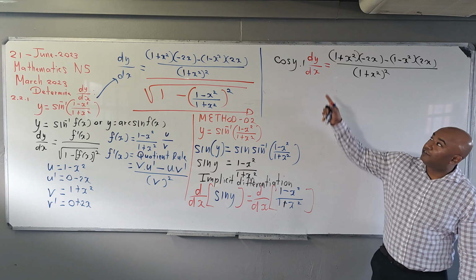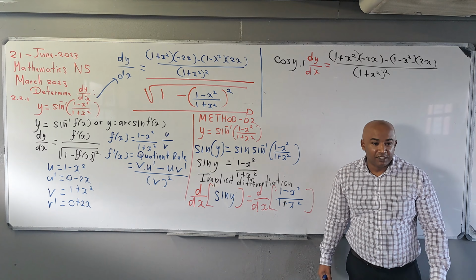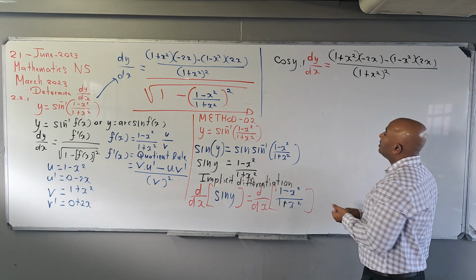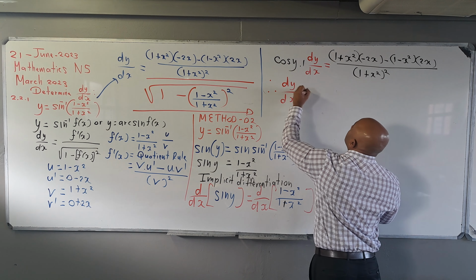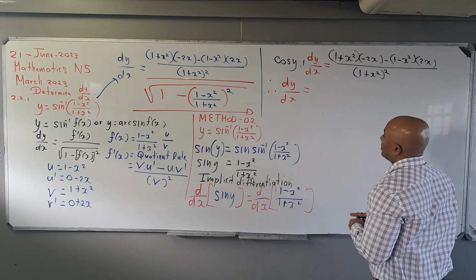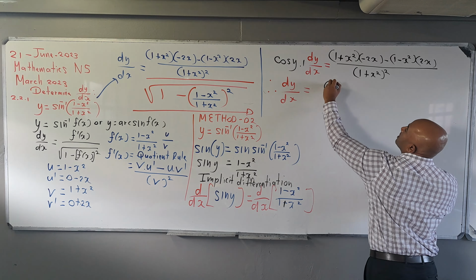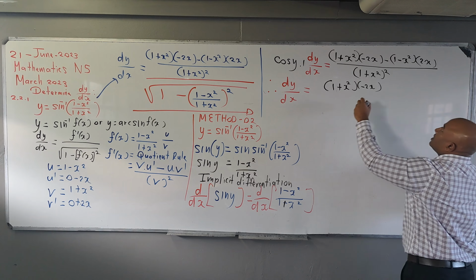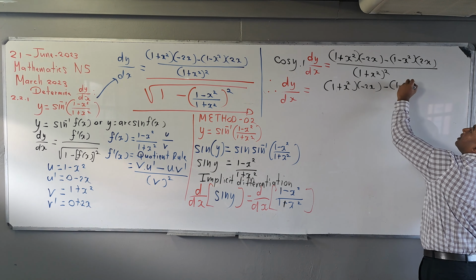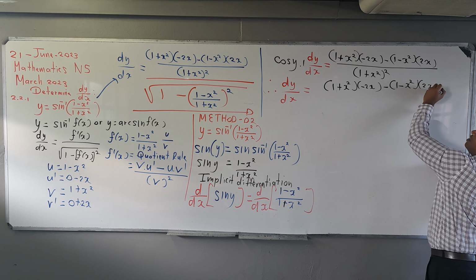So now all I have to do is make dy over dx the subject of the formula. So therefore, dy over dx is now going to equal this part here, which I'm not simplifying, I'm leaving it as it is, because the question states do not simplify. I mean, simplification is not required.